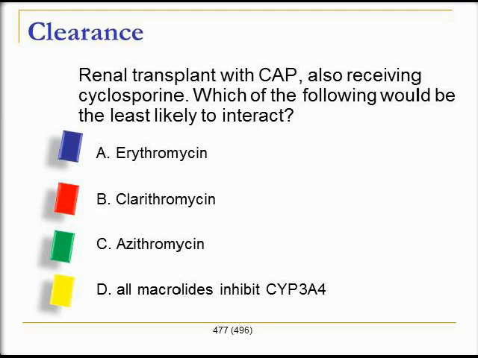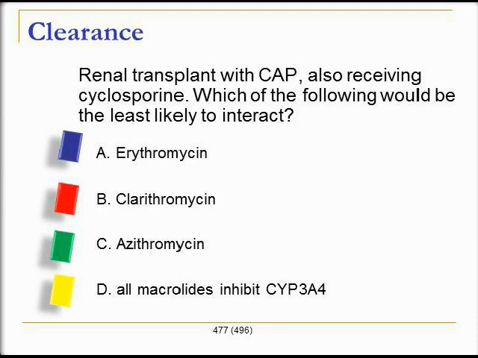And a physician asks you to choose the macrolide which will not interact with the patient's cyclosporin. So which of the following would be the least likely to interact with cyclosporin? Erythromycin, clarithromycin, azithromycin, or all macrolides will inhibit CYP3A4? Some answers. Good. Lots of green out there.